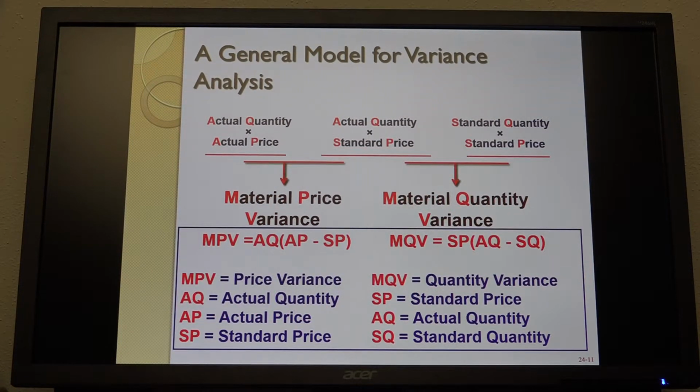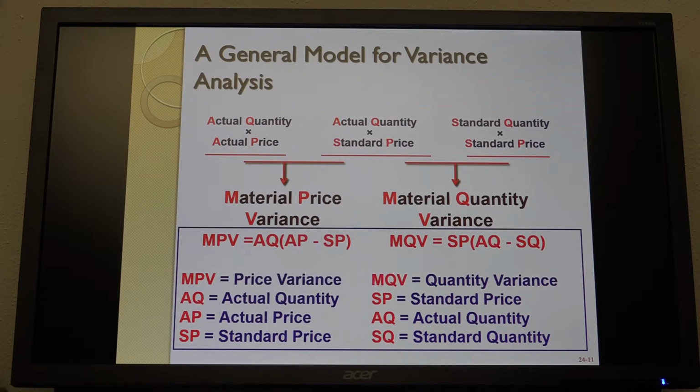Now you can reduce this to the following formulas for both your material price variance and material quantity variance. Material price variance, MPV, equals actual quantity times actual price minus standard price.